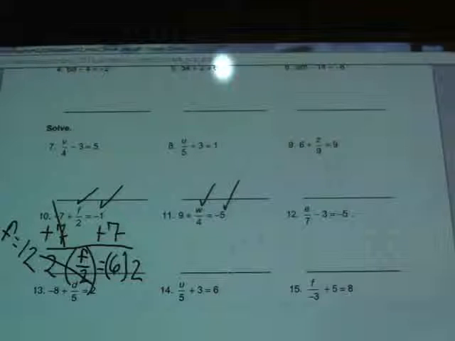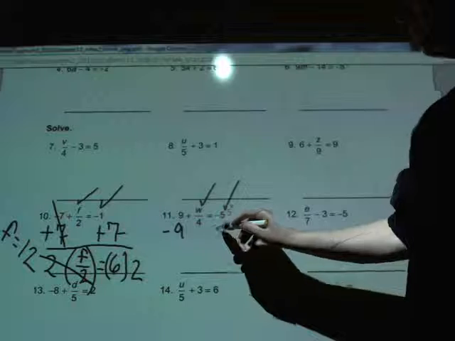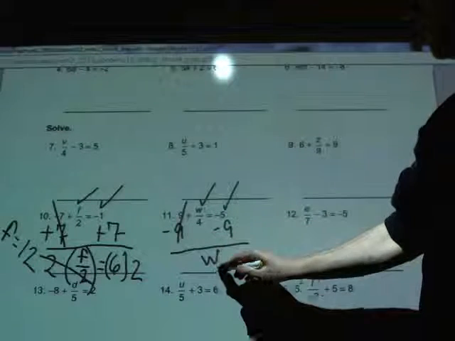Well, remember, the thing that's connected to the variable by multiplication or division goes last. So right now this says that the 4 is connected to the w by division. He's going last, which means 9 is going first. So let's talk about moving the 9. I'm going to subtract 9 from both sides. Remember, I'm doing the opposite, and what we see happening there is that's going to 0, which is exactly what's supposed to happen.